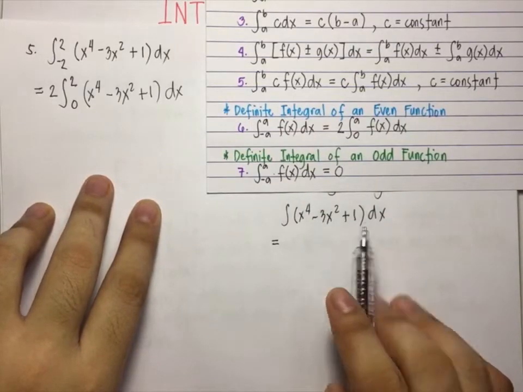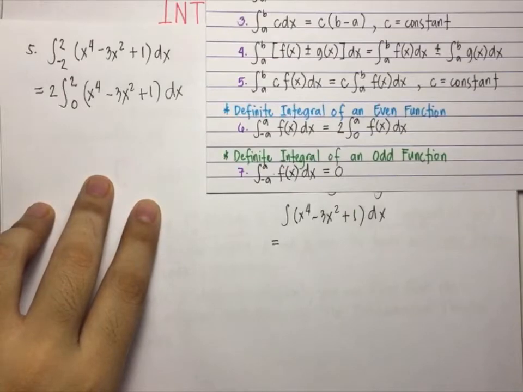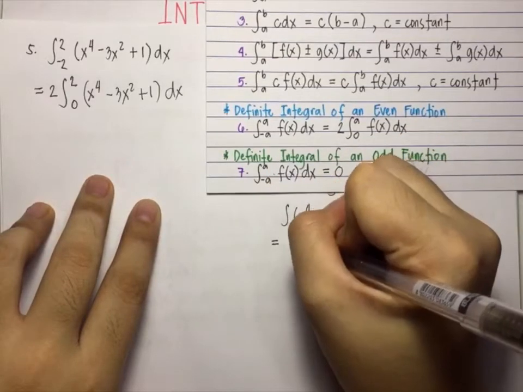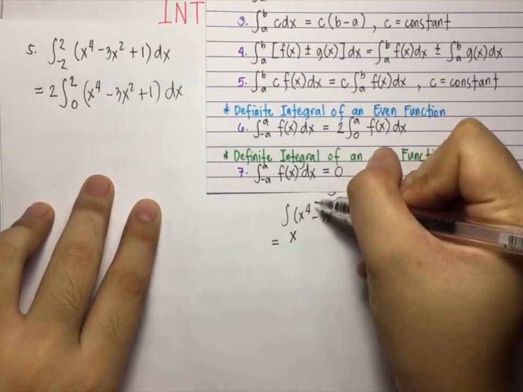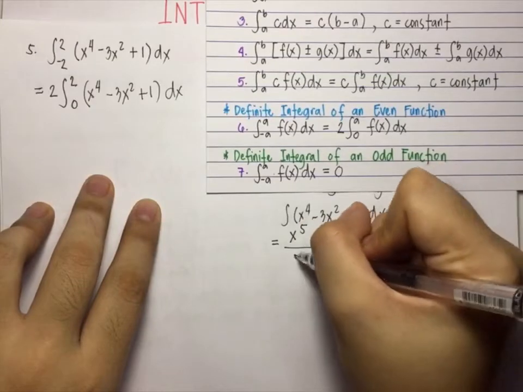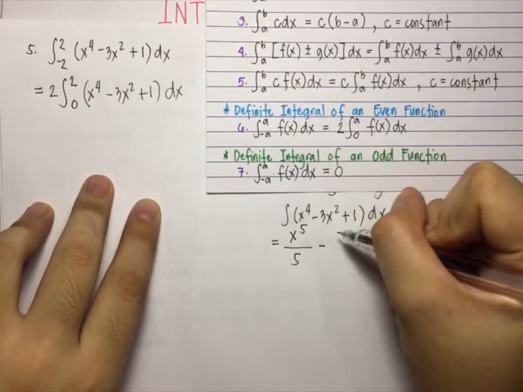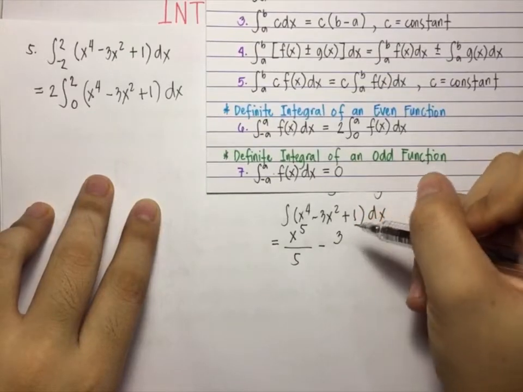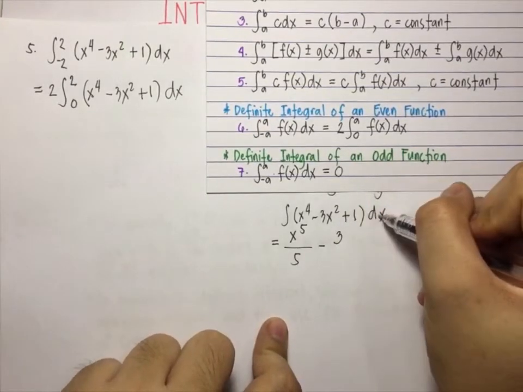So first, find the integral of x raised to 4 dx by applying power rule. So we have x raised to n plus 1, our n is 4, 4 plus 1 is 5, all over 4 plus 1 is 5. Minus, we have a constant. We take the constant out of the integral first. Then find the integral of x squared dx.